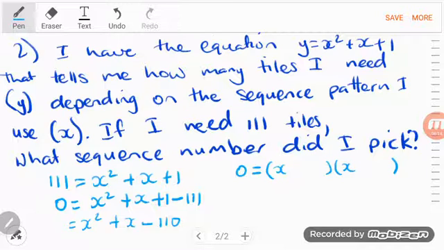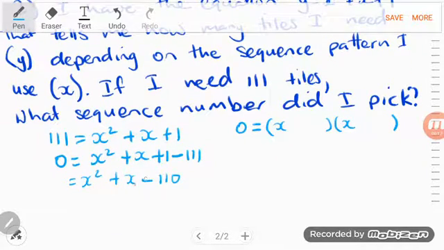A negative is something times something else giving a negative number, so we're going to have one positive number, one negative number. So we need 2 numbers that multiply to get 110, but add together to make just 1.